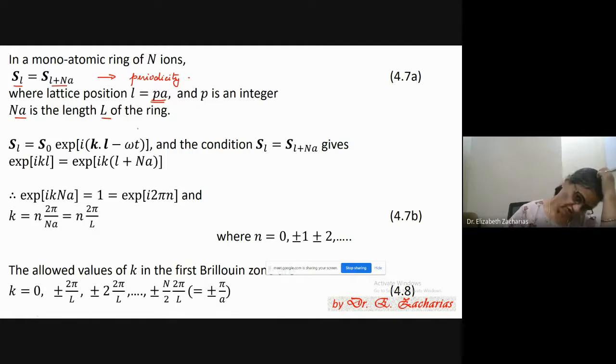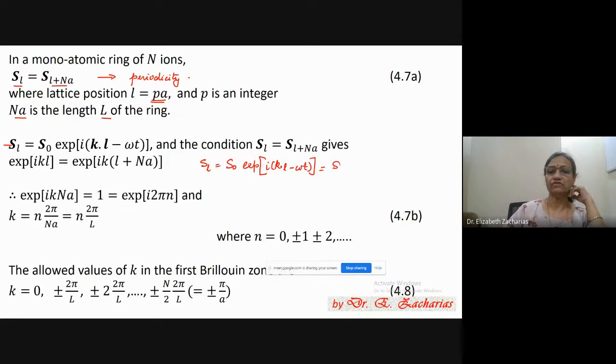So we are just using this periodicity, and you are also taking this normal mode equation. Using this, what will I get? I will get S of l equal to S naught exponential i(k·l minus omega t) is equal to S naught exponential of i(k·(l plus Na) minus omega t).